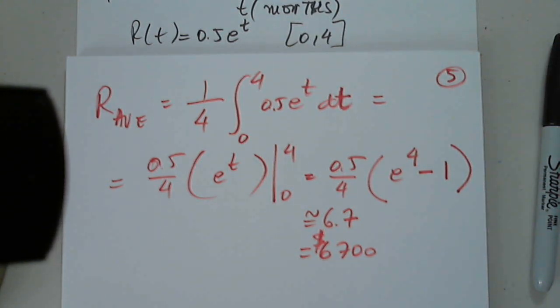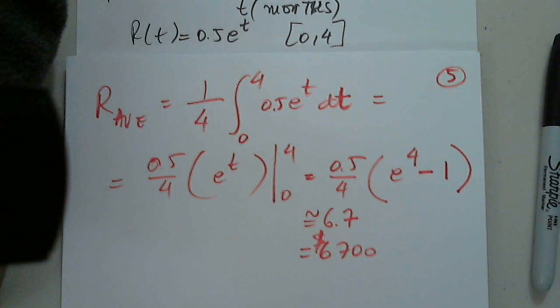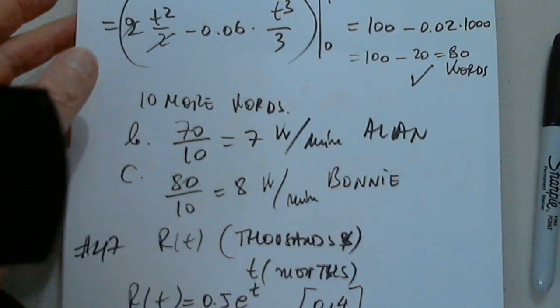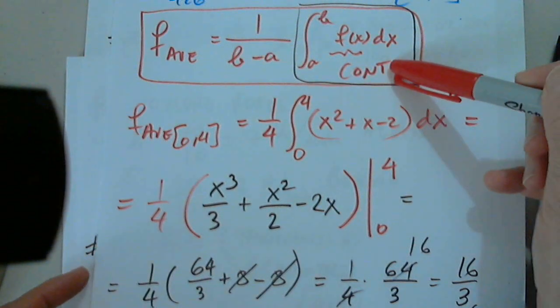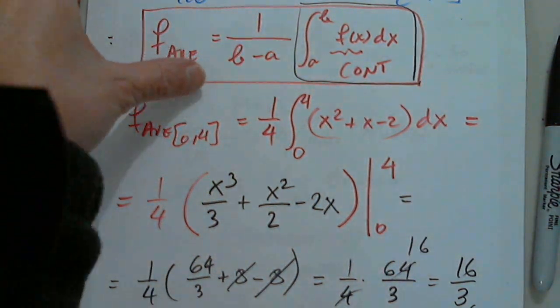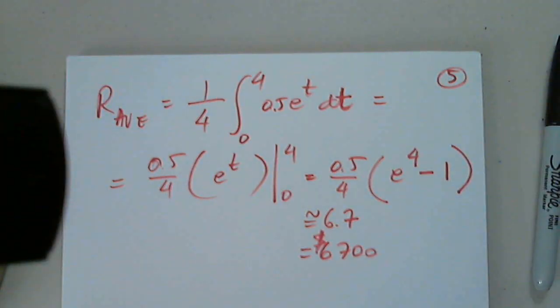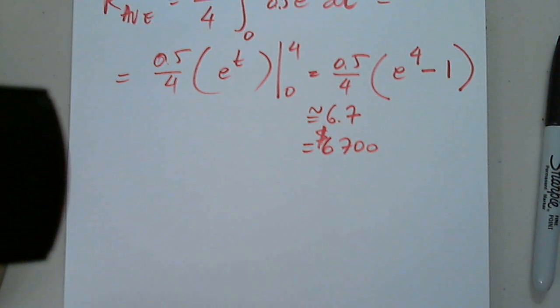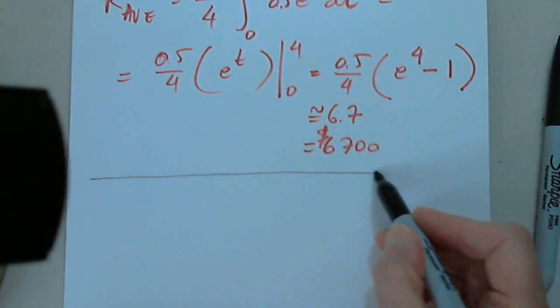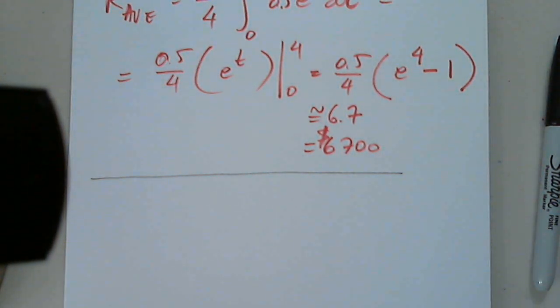Are we in the clear with finding the average value of a function, the formula? Are we okay with that? Yes, no, anyone? I'm assuming you said yes, although I didn't hear anyone.